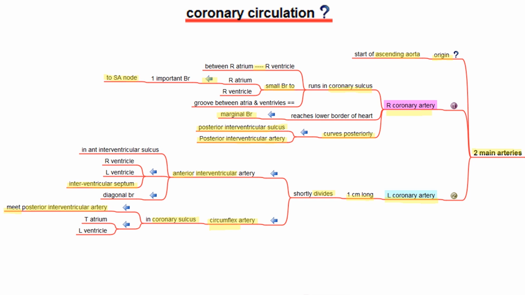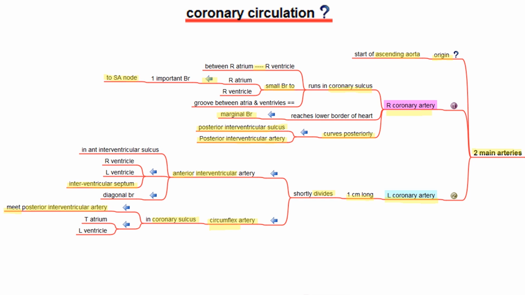Now, we know what the sinoatrial node is. It is the pacemaker of the heart. It is the beginning of the story of electric stimulation. Then the right coronary artery will continue in the coronary sulcus.